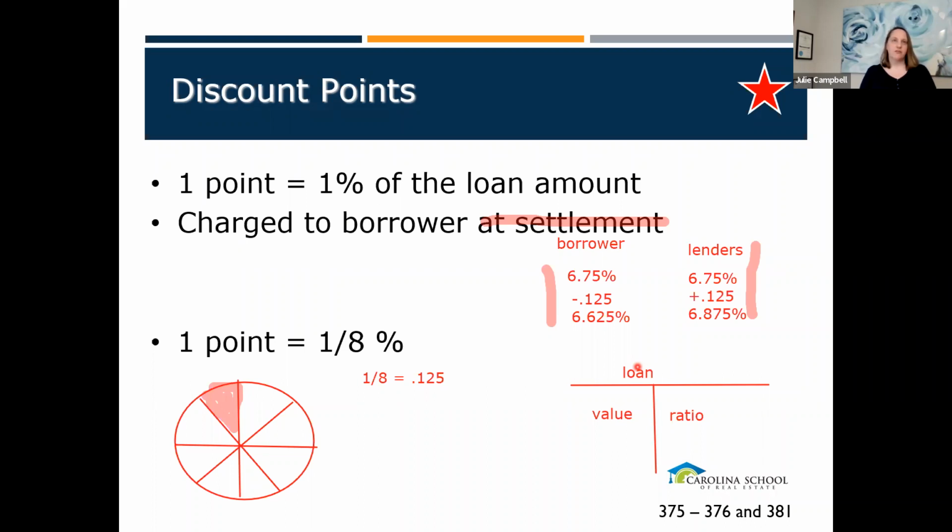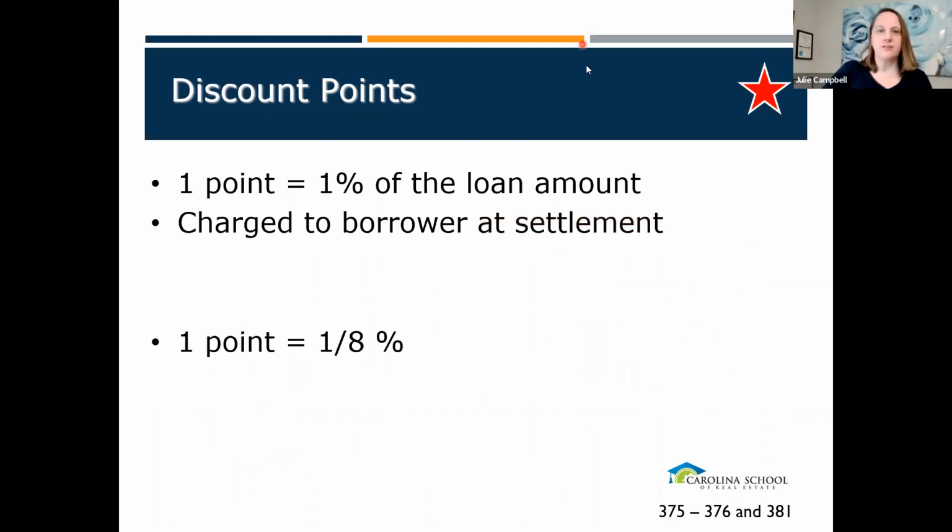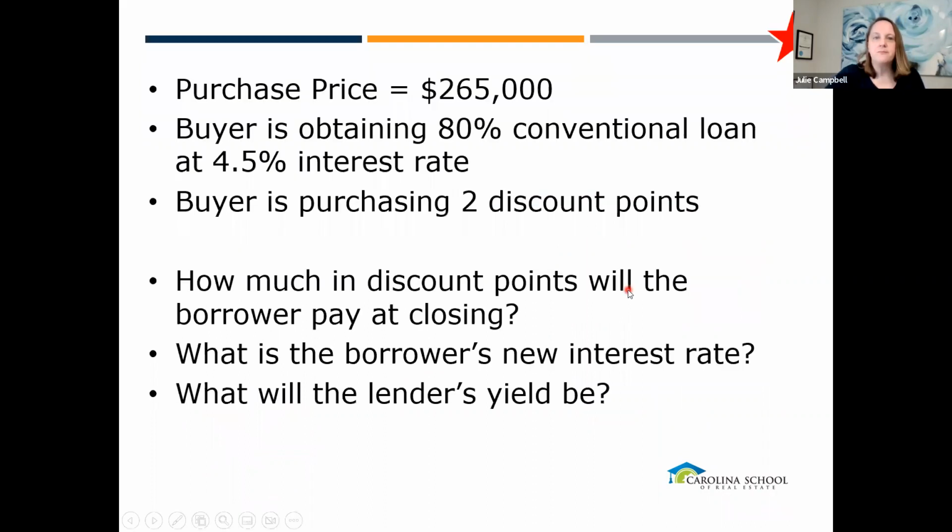Everybody have that jotted down? Loan to value ratio? Okay, all right. Private chat, I've got some questions for you guys. Here's your purchase price, 80% loan, 4.5% interest rate. The buyer's buying 2 discount points. Tell me in a private chat, how much is the buyer paying in discount points? What's their new interest rate?